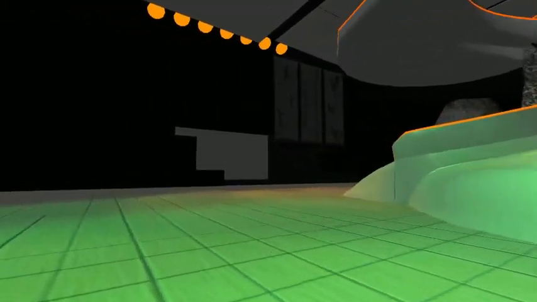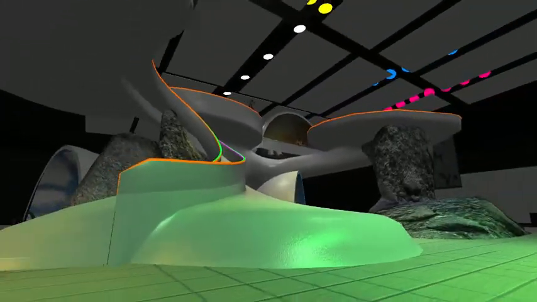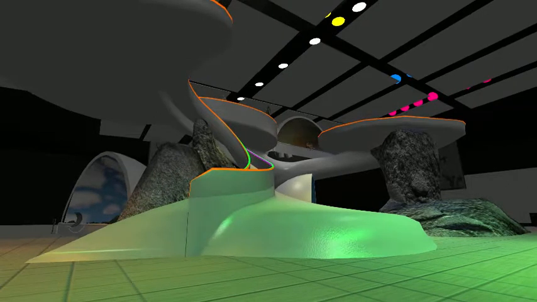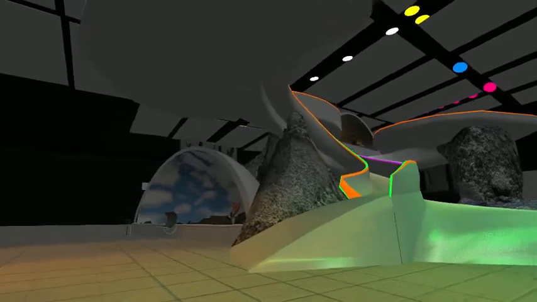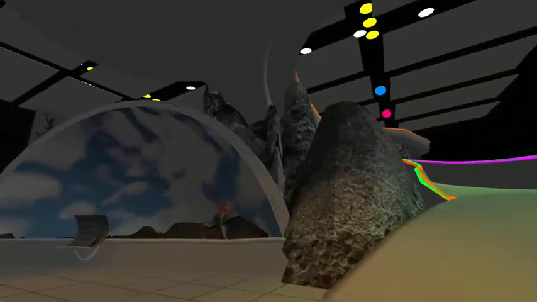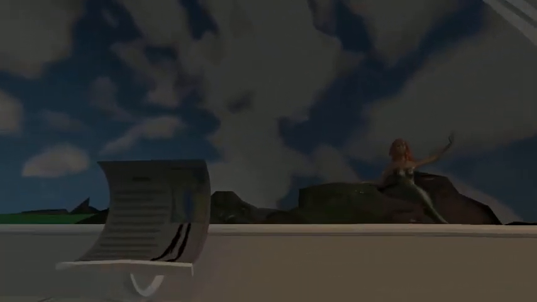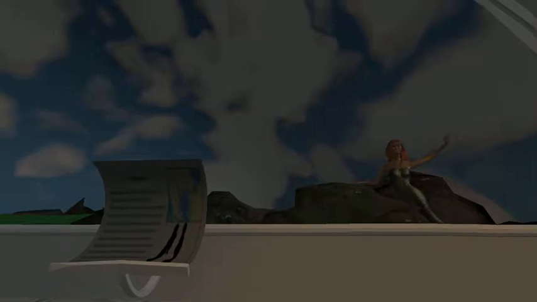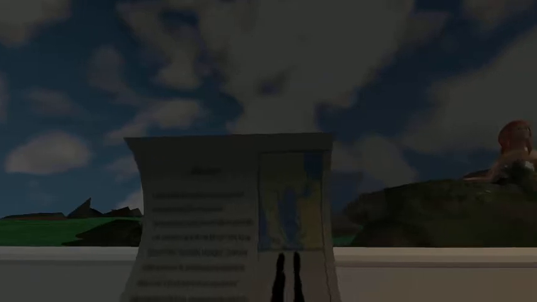So we'll continue on here. Oh, and the model of the structure of the museum, the reflective part as well as the rocky part, was made by my professor as well. Now this is one of the students' works. This is Thessa. I'm not exactly sure who Thessa was, apparently some mermaid, I guess.